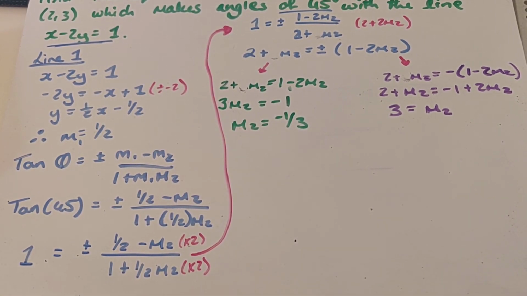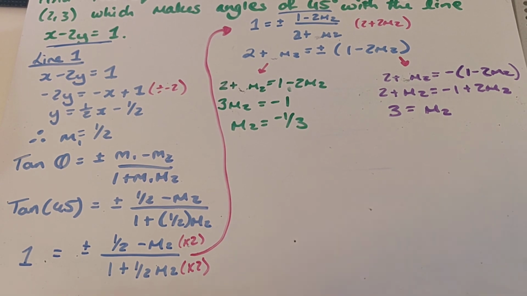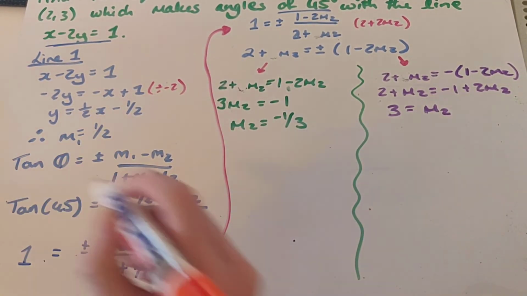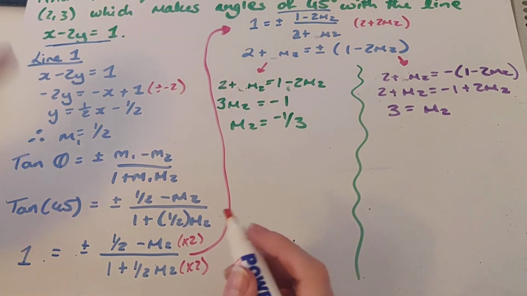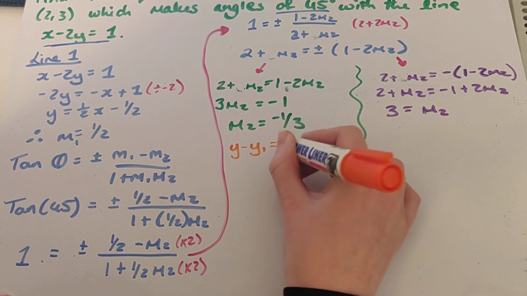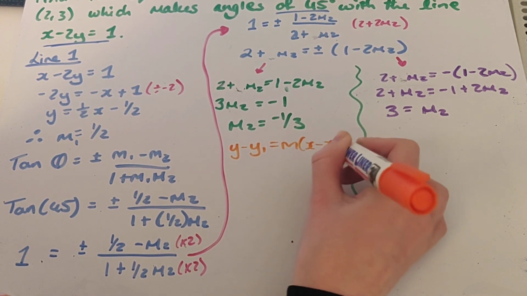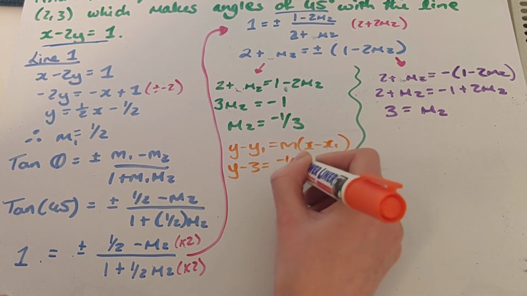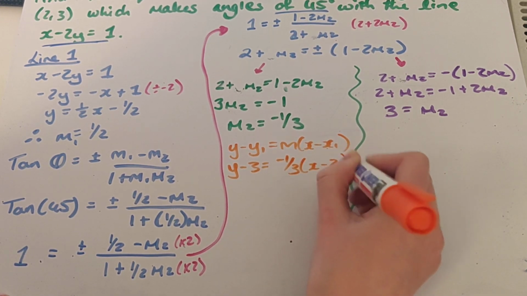So now I have to find the two equations of a line. Okay, so to do this one now, I'm going to have two different times where I'm going to use 2 and 3 as my x1, y1, and I have my different slopes. So I have y minus y1 is equal to m by x minus x1. So I'm going to have y minus 3 is equal to minus 1 over 3 by x minus 2.